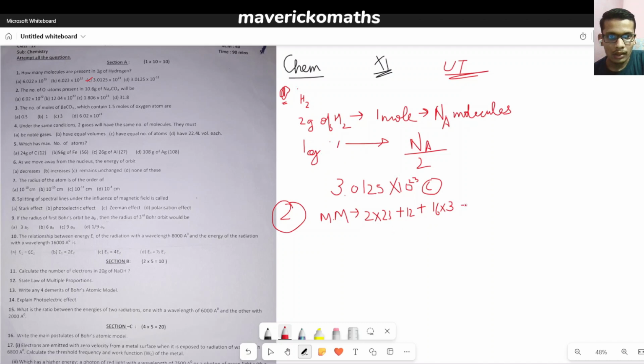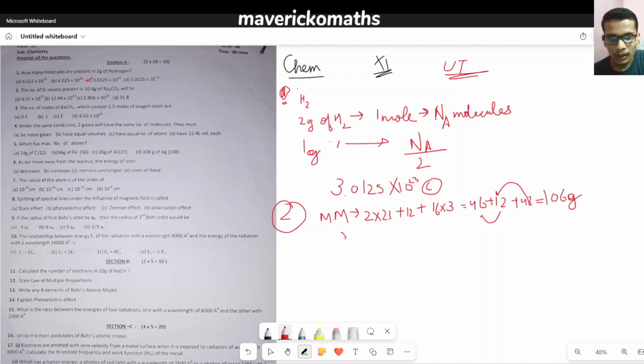This will be 46 plus 12 plus 48. Summing this, 48 and 12 becomes 60, and 60 and 46 becomes 106. Yes, this will be equal to 106 grams.